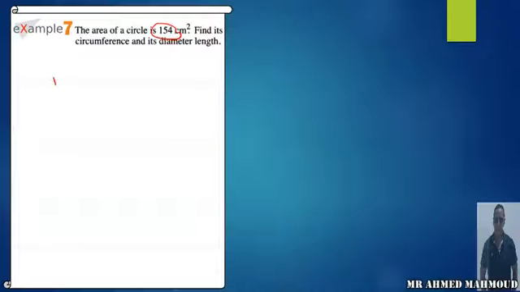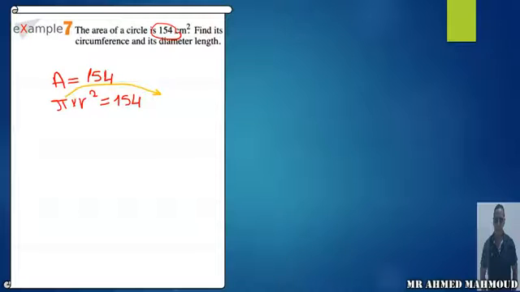The given here, A equal 154. Okay. Then I'm going to replace A with its rule, which is pi times r power of 2 equals 154.